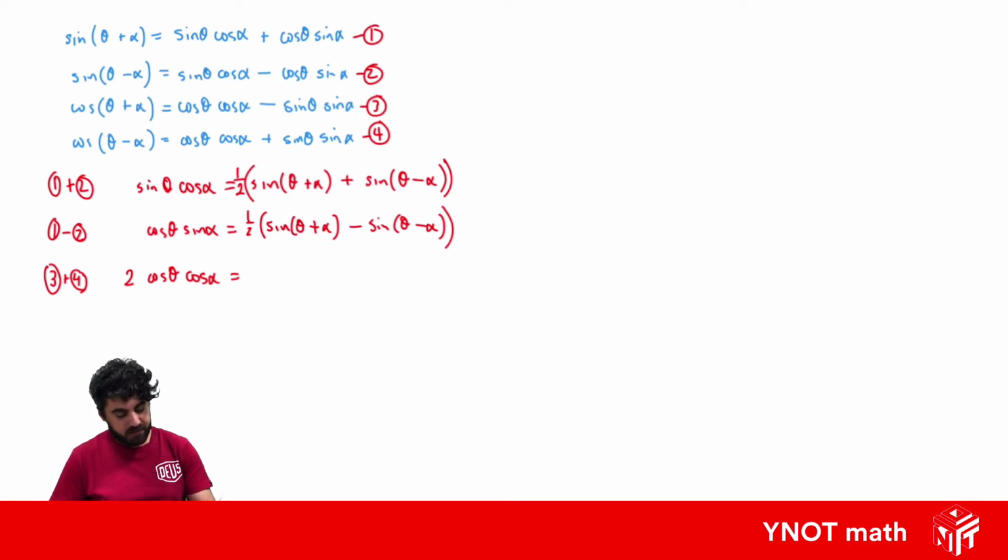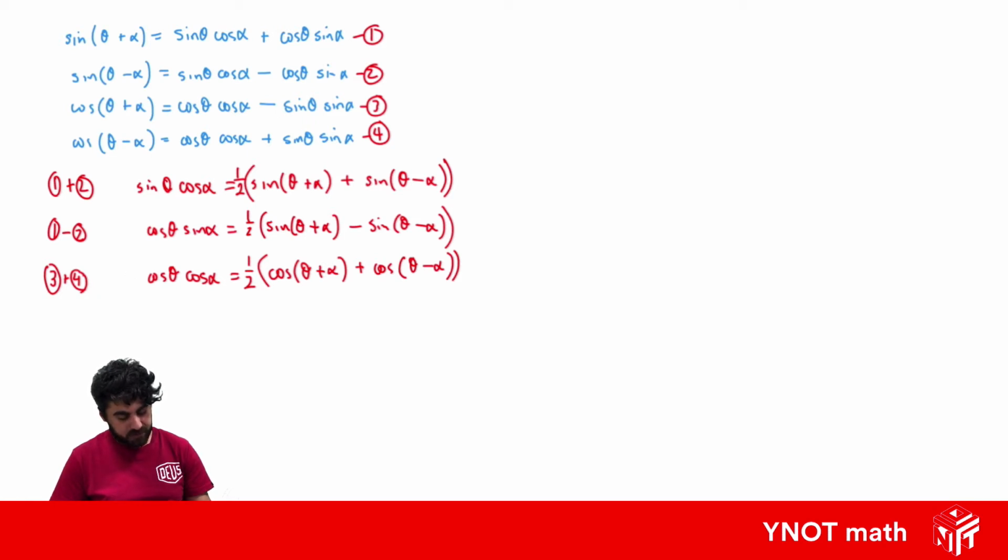So we're going to get cos of theta plus alpha plus cos of theta minus alpha. And again, let's times both sides by a half, which will cancel out with that 2 out the front.